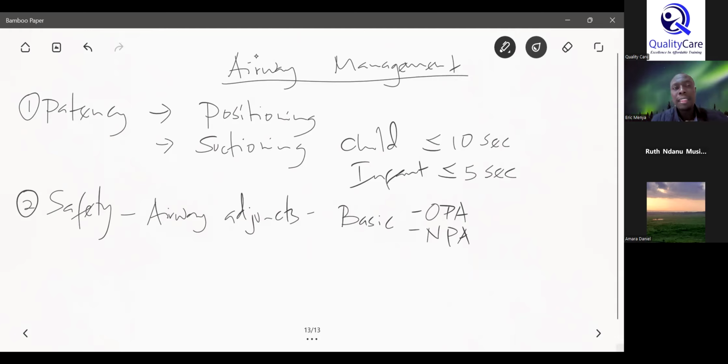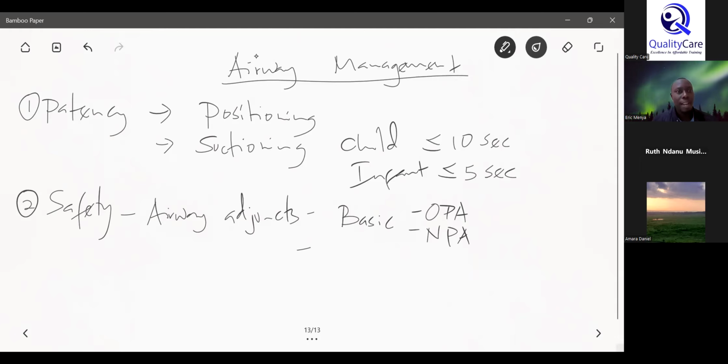But the most important thing is the gag reflex, Ruth. They should not have a gag reflex. So unconscious without a gag reflex. If you are unsure whether or not they have a gag reflex, what do you insert? The nasopharyngeal airway. So if you are unsure whether the gag reflex is intact or not, insert a nasopharyngeal airway.